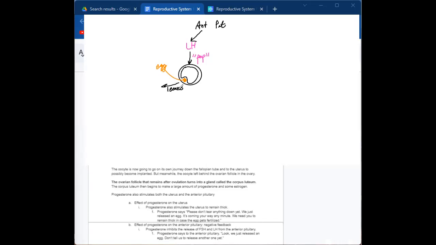It's going down the fallopian tube, and it might get fertilized, it might not, and then it might implant, it might not, but it's totally left the ovary. It's gone.